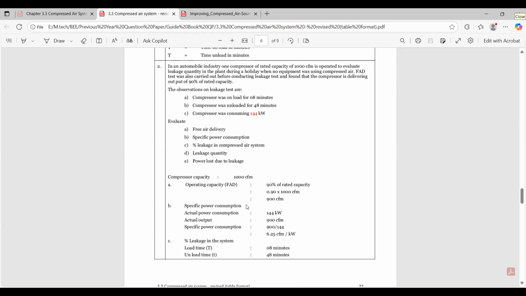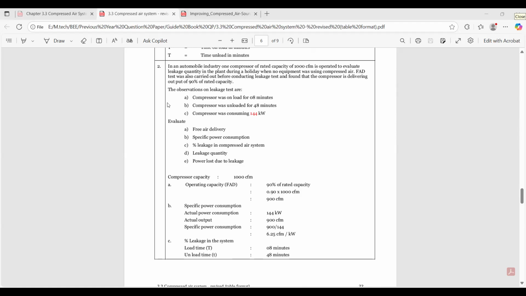After that, you need to calculate specific energy consumption. Your compressor is consuming 144 kilowatt for 900 CFM. Specific energy consumption is always in kilowatt per CFM. They have calculated in CFM per kilowatt, but it is always kilowatt per CFM.